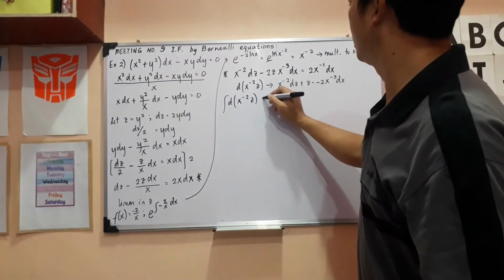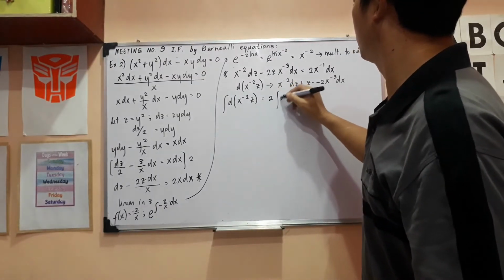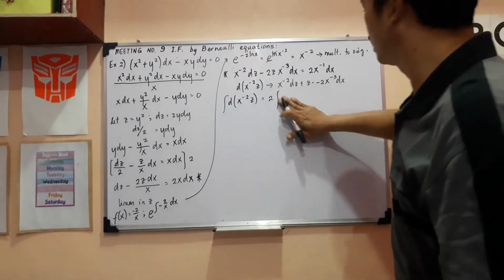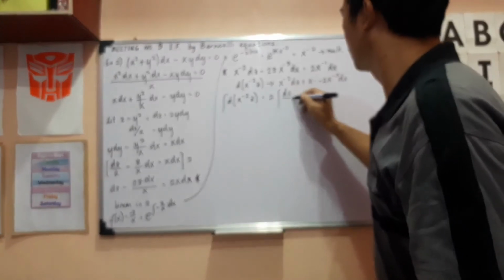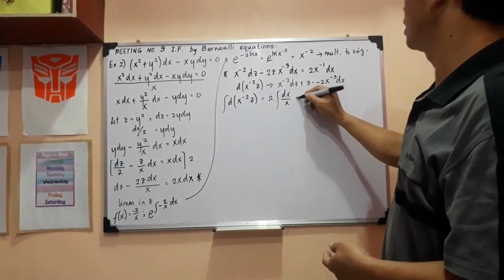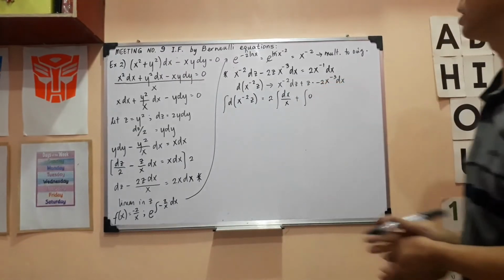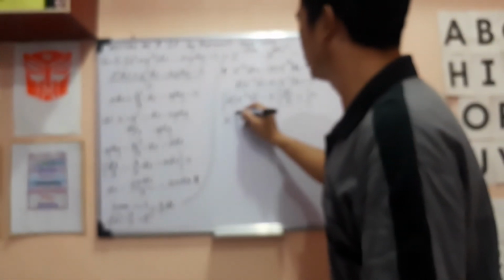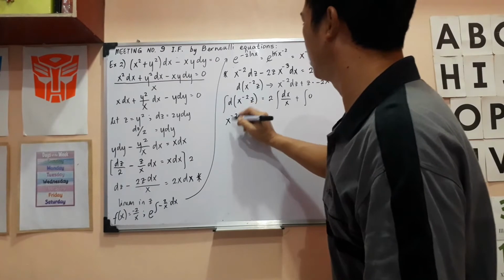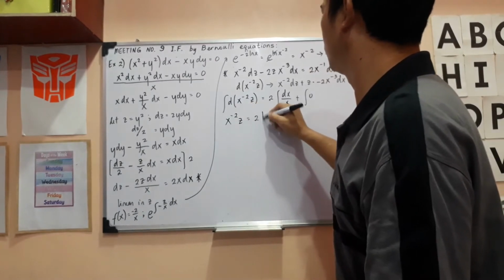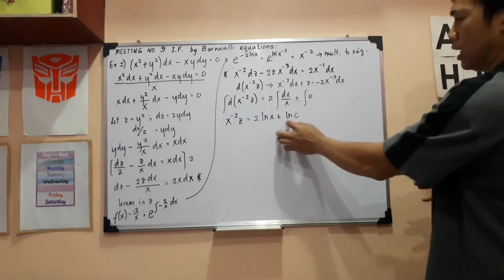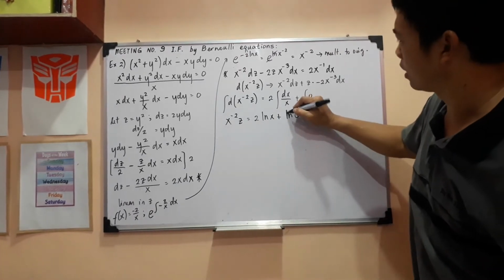And then equals the 2 integral of x raised to negative 1 dx, or dx over x, and then plus the integral of 0. So, equals to x raised to negative 2 times z is equal to 2 ln of x plus ln of c. Pag may lumabas na ln, ln na rin yung constant natin.